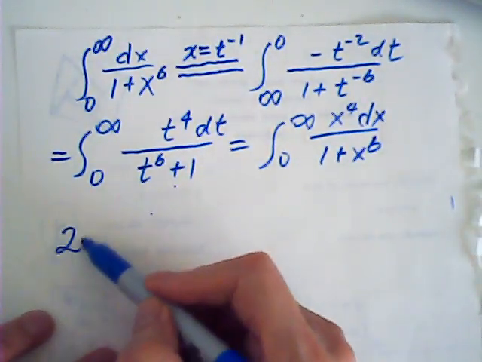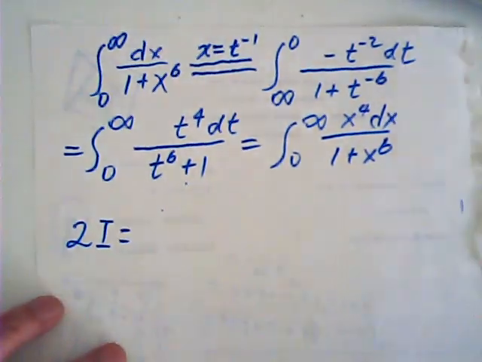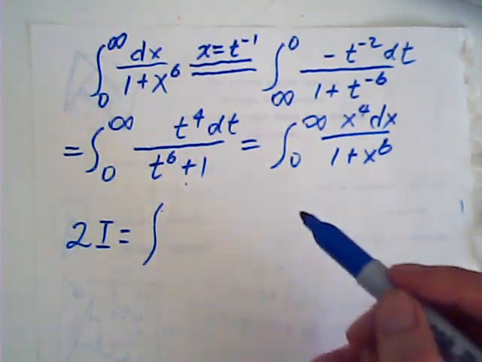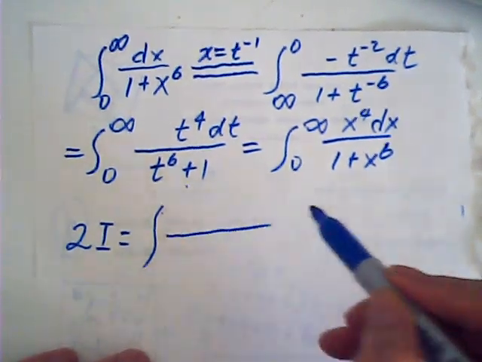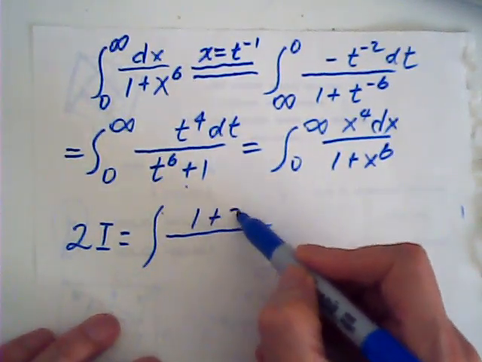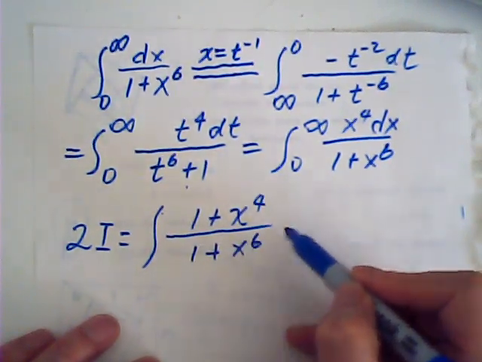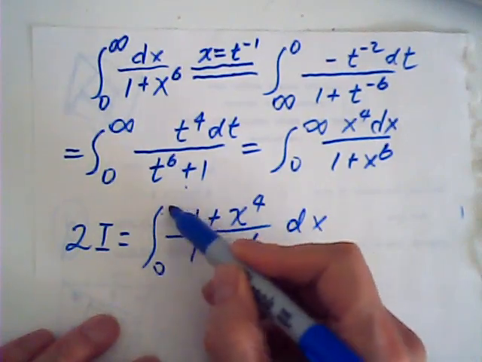And then 2I is equal to the integral of 1 plus x to the 4th over 1 plus x to the 6, from 0 to infinity.